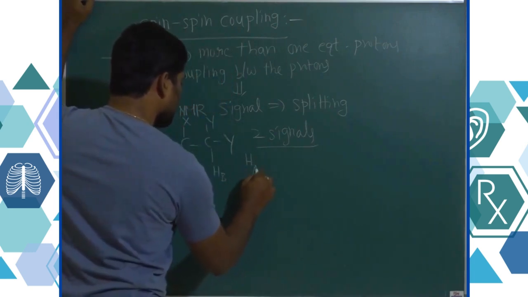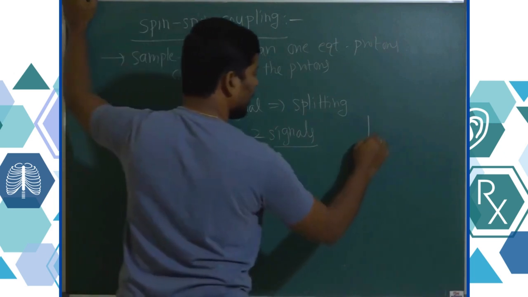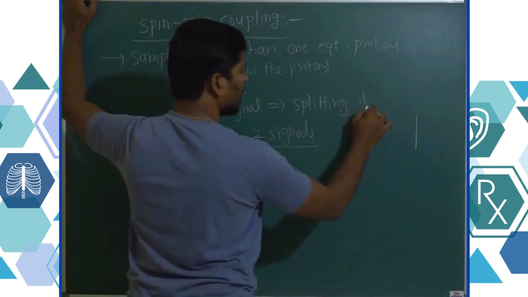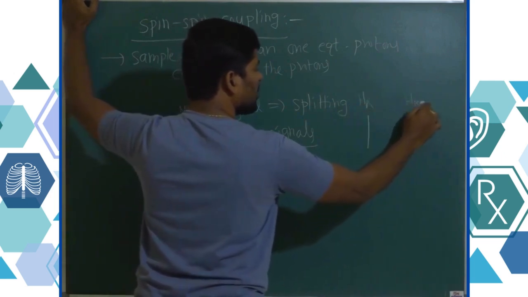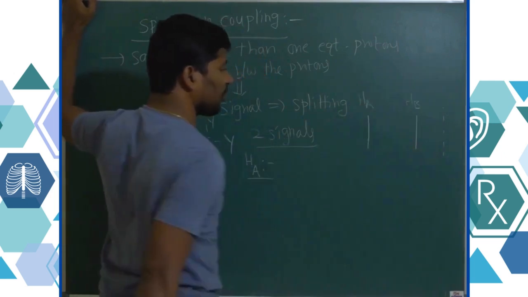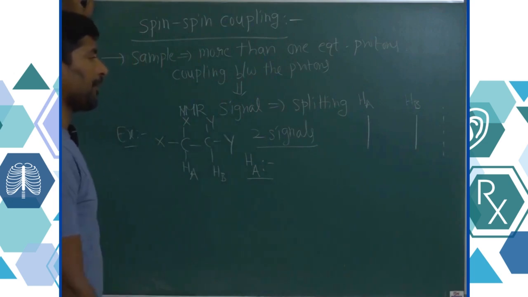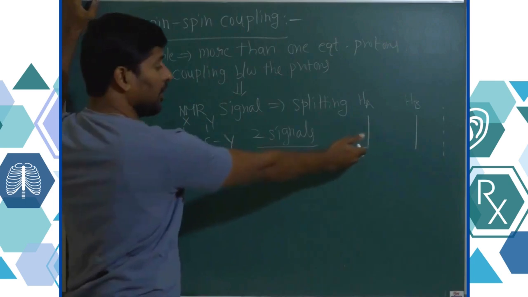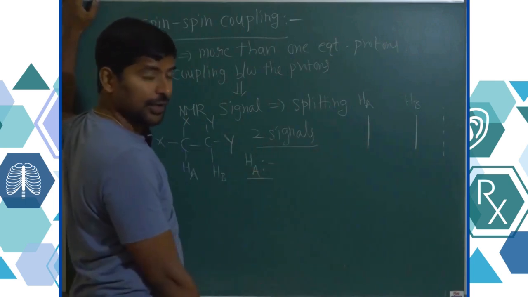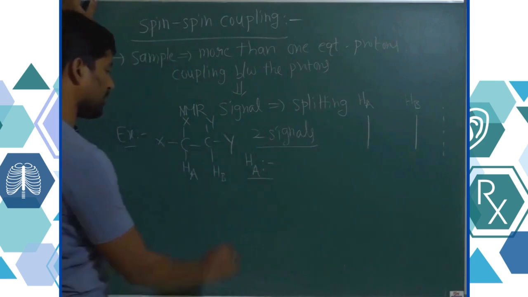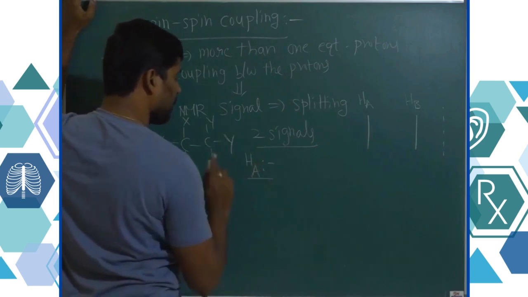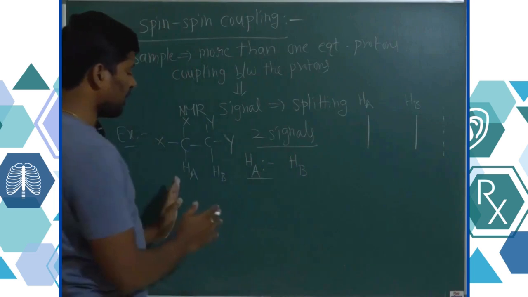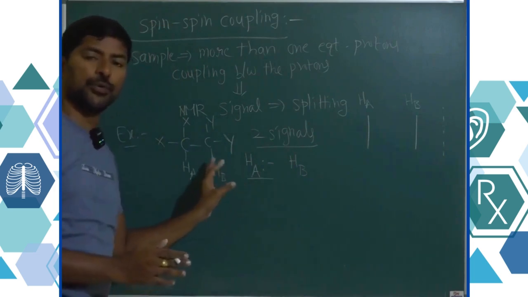We are getting two signals: one signal for the HA proton, another for the HB proton. This is the signal for the reference proton, which is attached to a more electronegative group, so its chemical shift value is high. Now for the HA proton, how is splitting observed because of the HB proton?